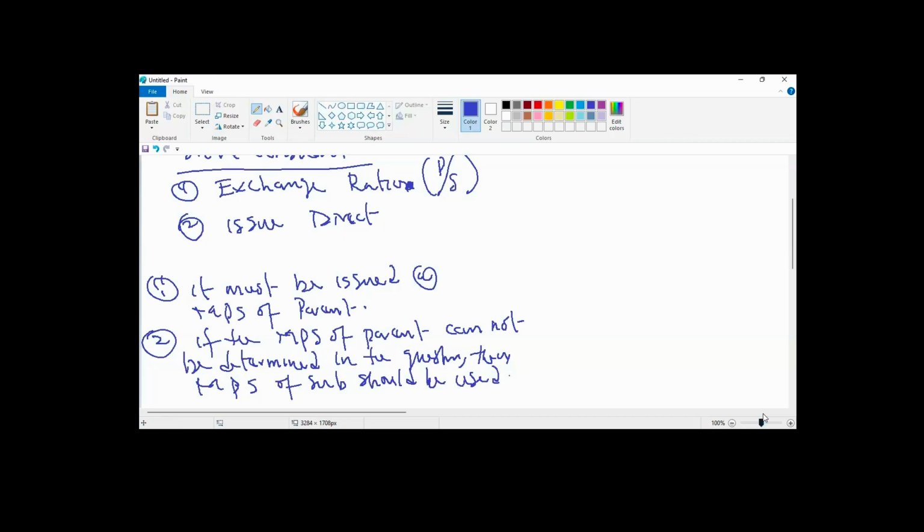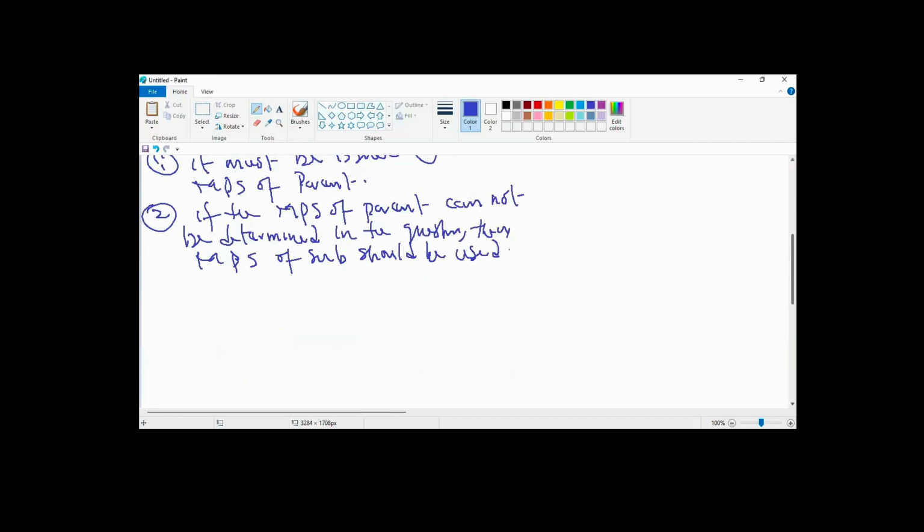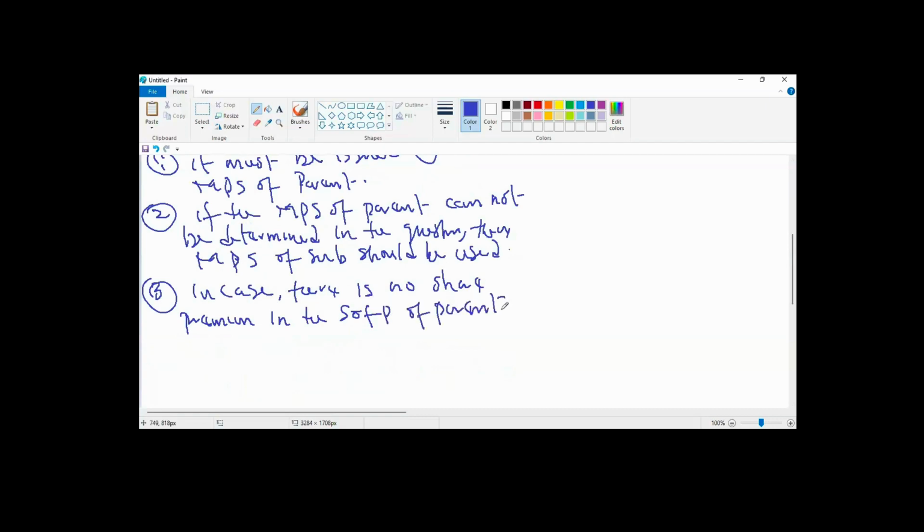That is it. Third one. In case there is no share premium in the statement of financial position of the parent, a share premium account must be created.